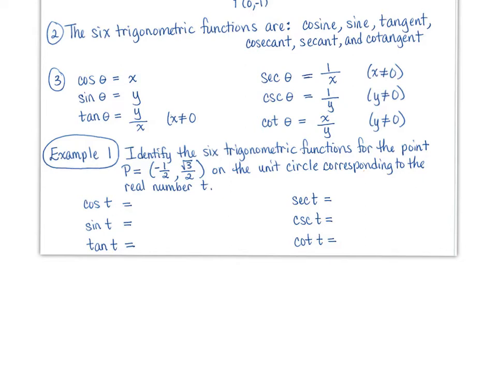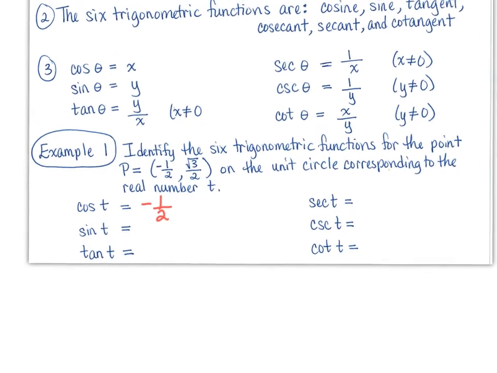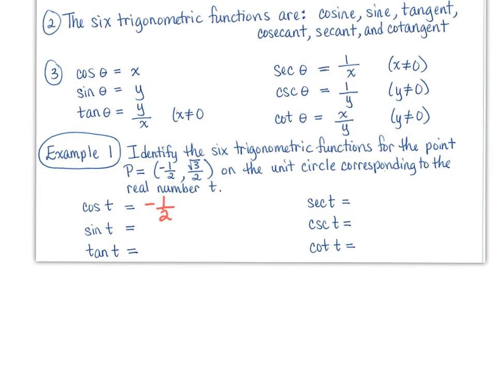Negative 1/2. Good. What's sine of T? Square root 3 over 2.